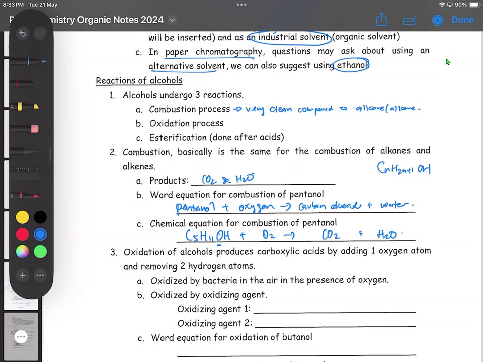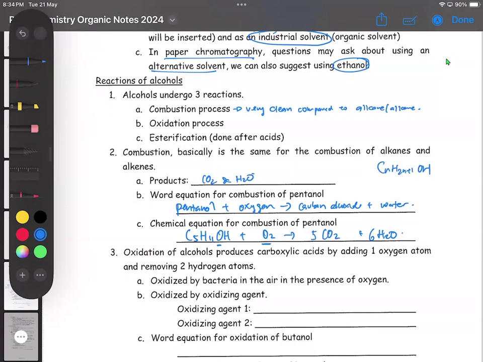You will balance oxygen last because there's an oxygen standing alone here. You balance everything else, then just put a number in front of O2. So logically, you balance the carbon, you put a 5. You balance the hydrogen: there are 12 hydrogen on your pentanol, 11 plus 1, so total 12, I put a 6. By doing this, all the carbon and hydrogen are balanced.